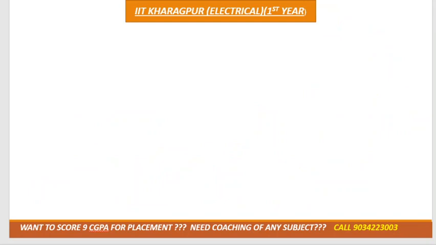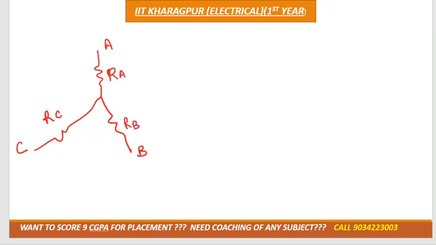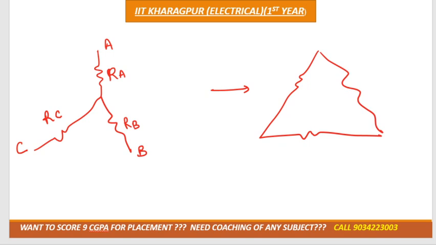Now we should see how to convert from star to delta and delta to star. For that you have to see RA, RB, RC. Put it in the form, just imagine this R1, R2, R3.